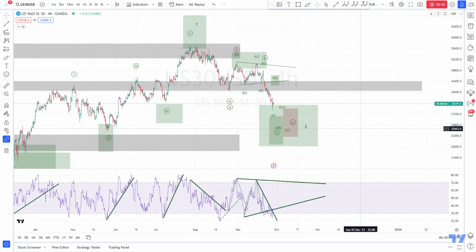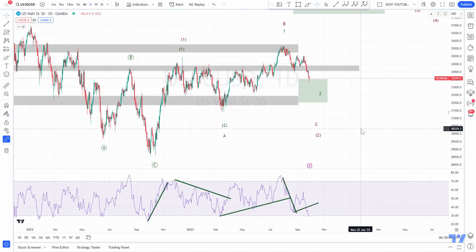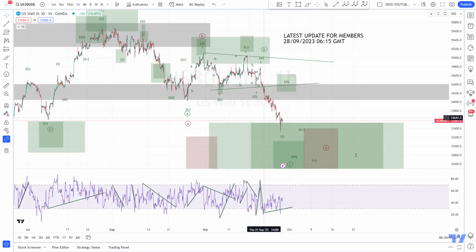If we are looking at the 1 hour, then they are just somewhere hidden here. Wave one very shallow, wave two, then where is the wave three? Then I would say this is actually the wave three.